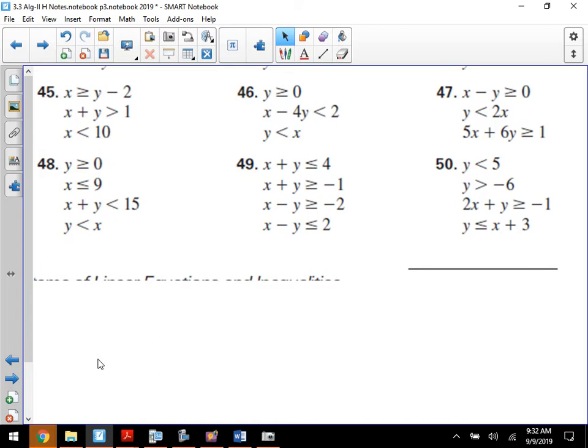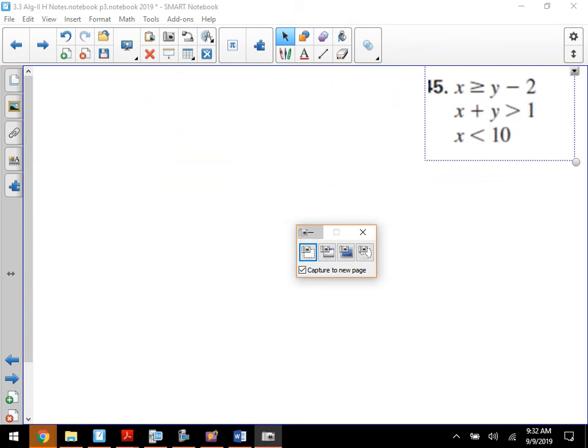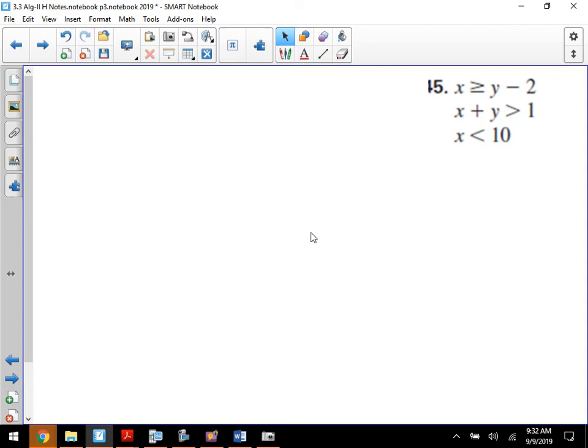We did 48 together, but on 45, one of the things that people tend to forget is how do you work with inequalities to make your life easier? You can convert that. On that first equation, the first thing I would do is just rewrite it as x plus 2 is greater than or equal to y.